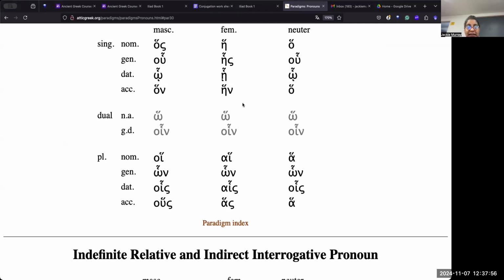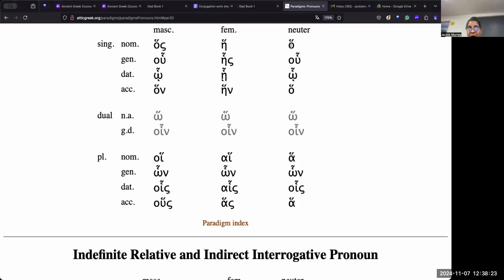So hos masculine, he feminine, ho neuter, and then it declines as you would expect: hos, ou, ho, on, hoi, hon, hois, hous, and then he, hes, he, hen, hai, hon, hais, has. Rough breathings, all rough breathing.